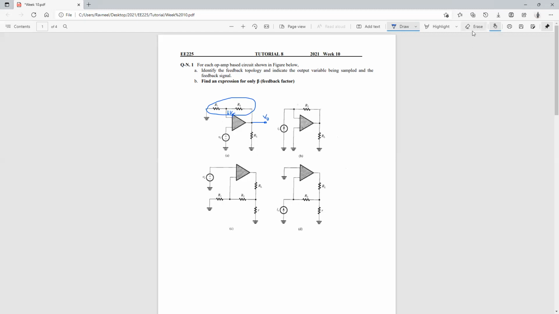Excuse me about the writing. In this particular case, we'll be inputting voltage, sampling voltage out at the output, and feeding back voltage as well. So this particular network is a series shunt network.